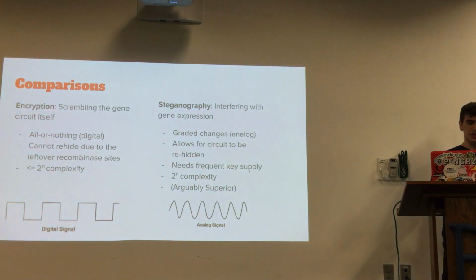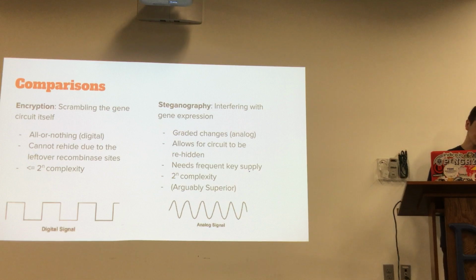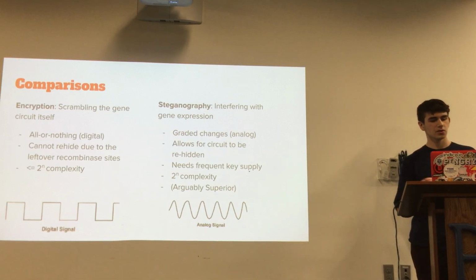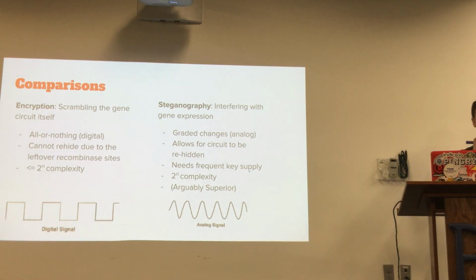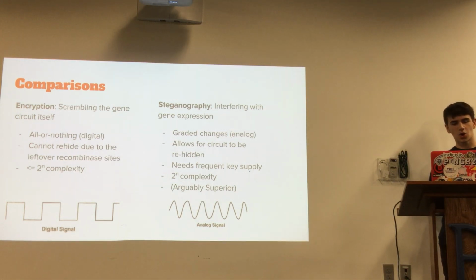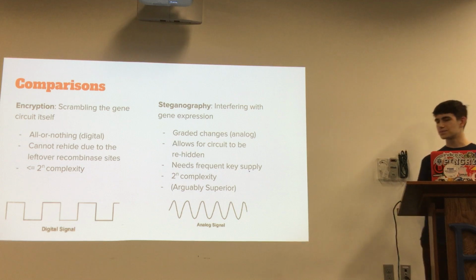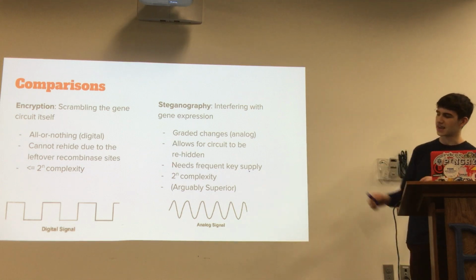So just some conclusions. We talked about encryption and steganography, where encryption is essentially scrambling the genes at the gene level itself, and it's all or nothing compared to steganography, which can be more thought of as graded changes. And I like the way they mention in this paper, it's digital versus analog.